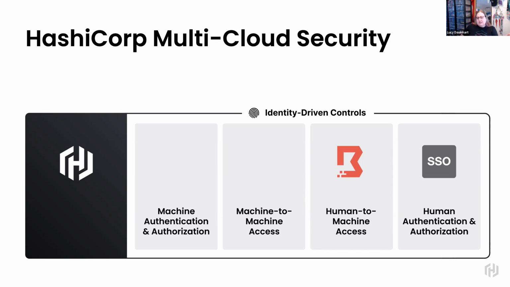And traditionally, access to private resources has been implemented using VPNs, which are costly to manage, unsecure if managed badly, and can't really scale within modern infrastructure that we deal with today.